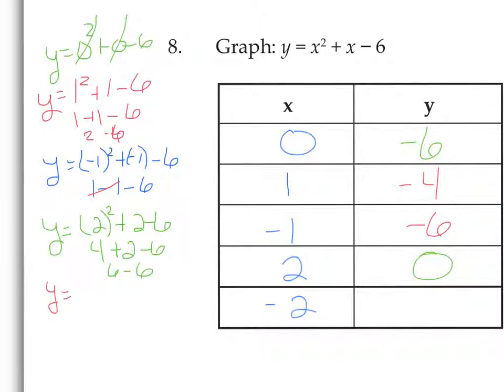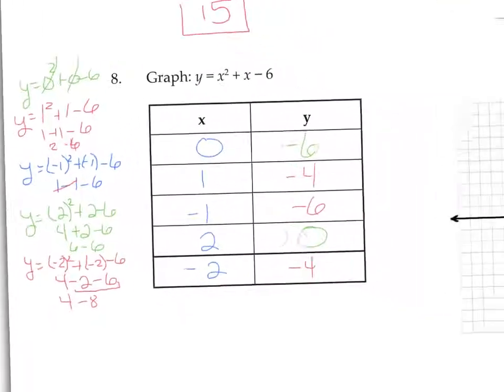So y equals negative 2 squared plus negative 2 minus 6. Negative 2 squared is negative 2 times negative 2 makes positive 4. Plus negative 2 is minus 2 minus 6. Okay, so these are both minuses, so this makes negative 8 here. So 4 minus 8 is negative 4.